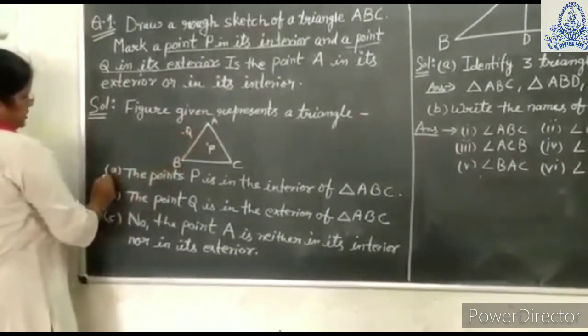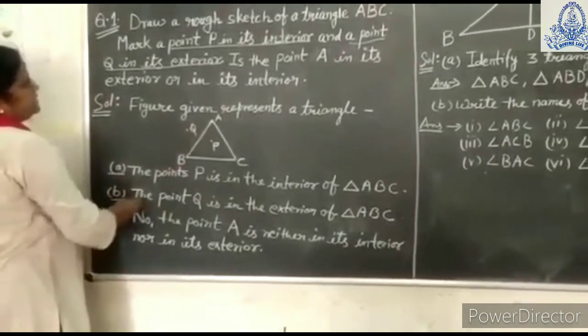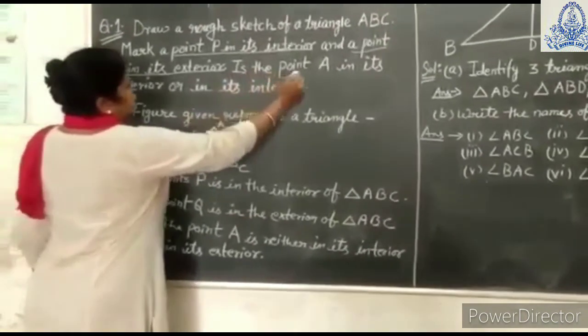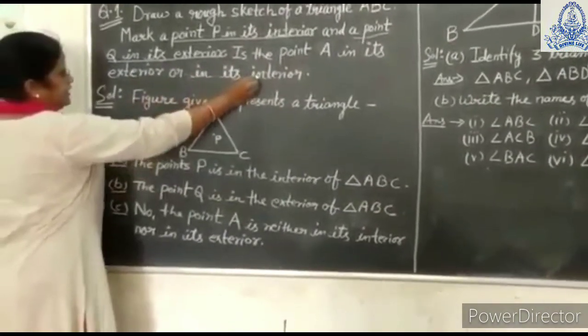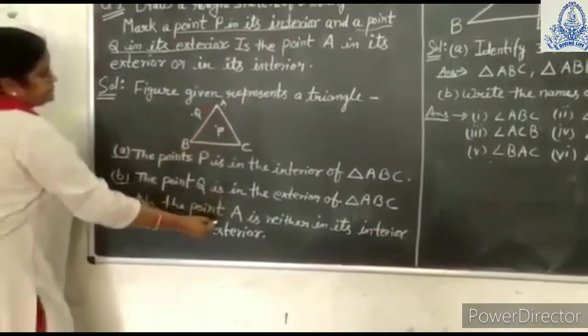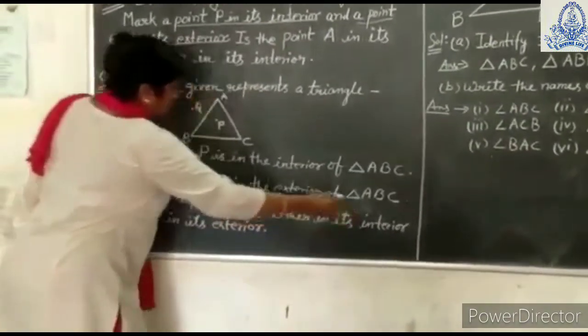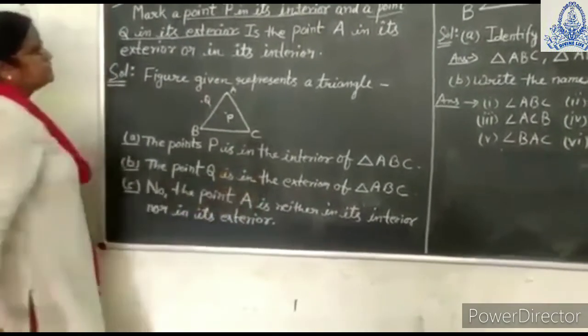This one is the solution of A and B. Now question number C. Is the point A in its exterior or in its interior? No. See here, the point A is neither in its interior nor in its exterior.